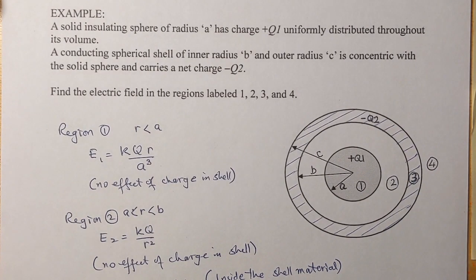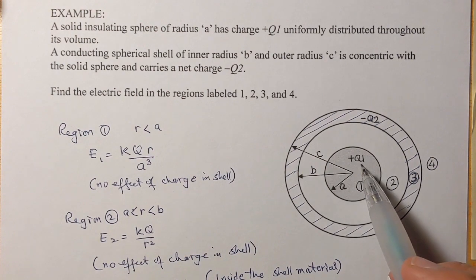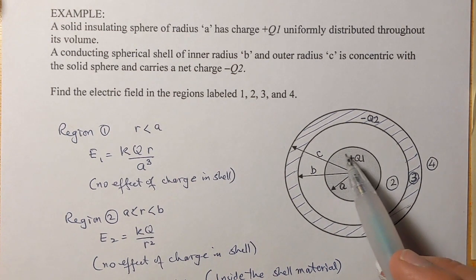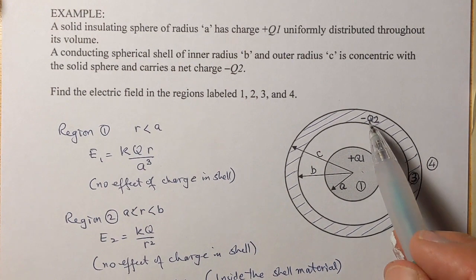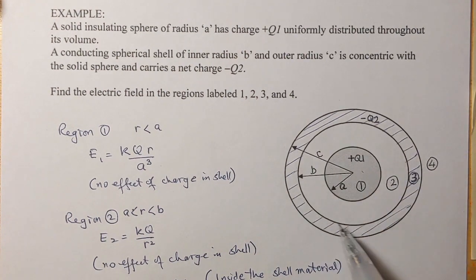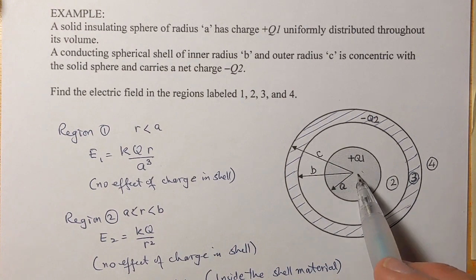We now do an example of a case where we have a solid sphere, and this is an insulating material. It has a charge q1, which is uniformly distributed inside the whole volume. And we have a metallic shell or a conducting shell that is spherical and concentric with the inner one.